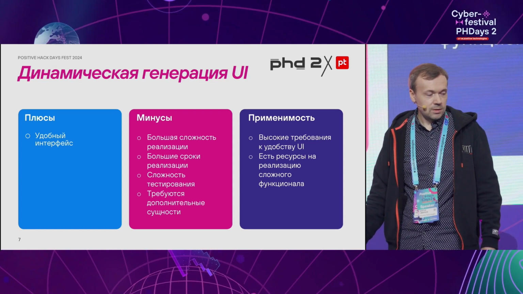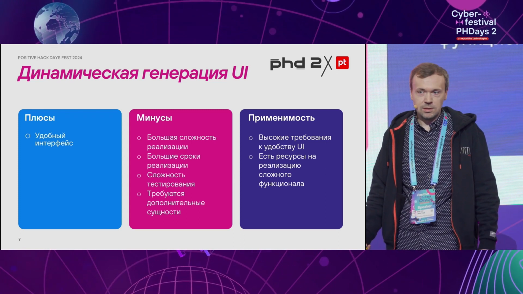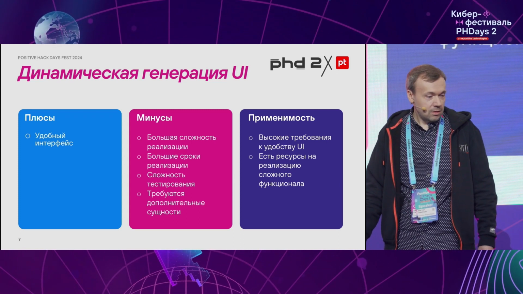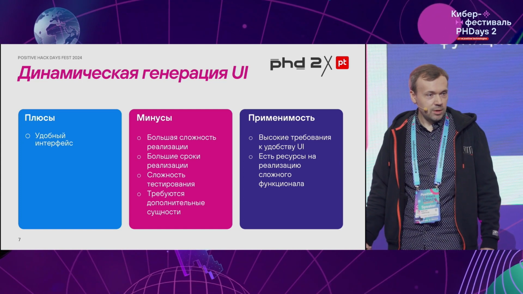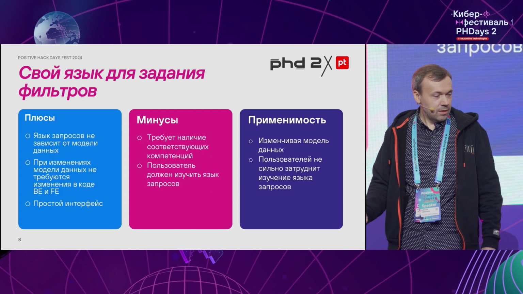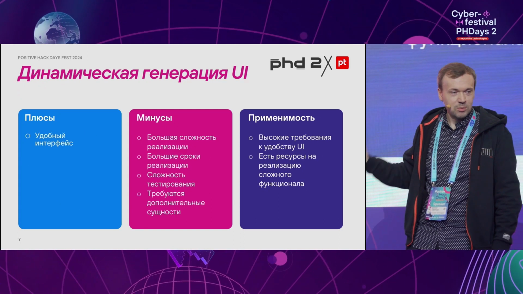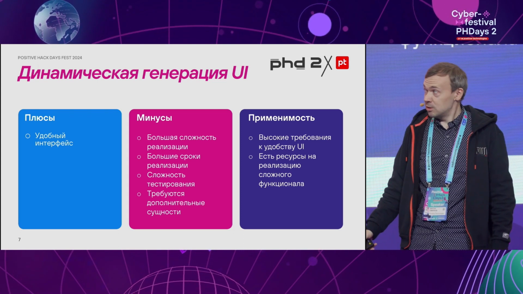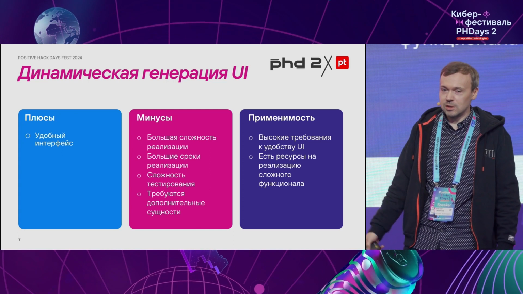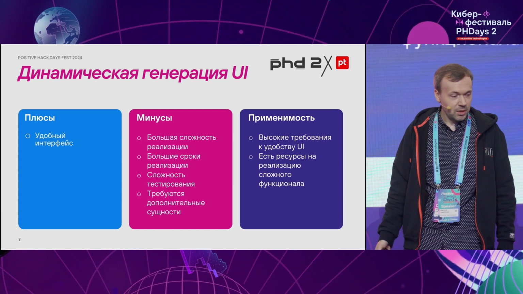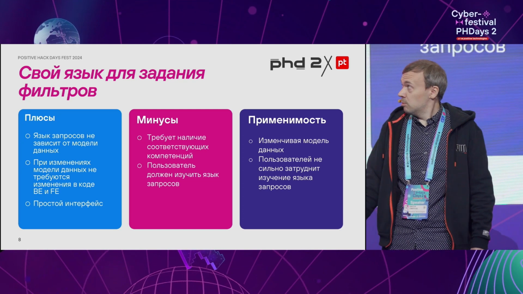So this approach is better suited when there is a need to have a very useful, comfortable, flexible interface, and when you have time and money resources. And I must say that we used this approach a few years ago. We achieved the result, but it was actually pretty complex and time-consuming.